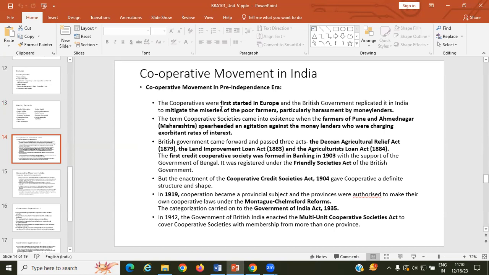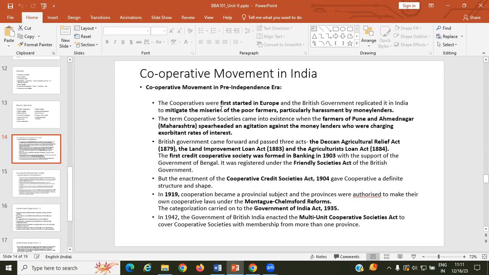It started from Europe. Then what happened in different states, different countries, and in India. Now there is a dedicated ministry created in India which looks into cooperatives. That came recently, in the last 1-2 years. So you'll understand what happened before and after independence. I will share this, and you can go through it.